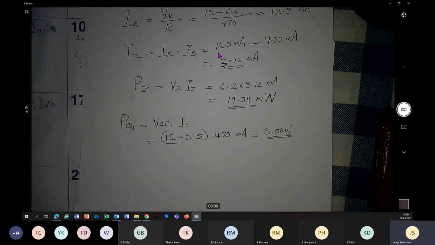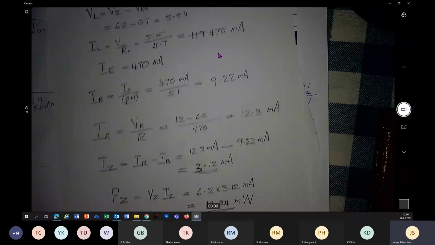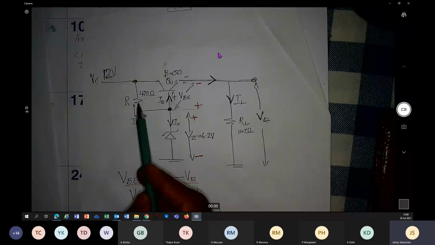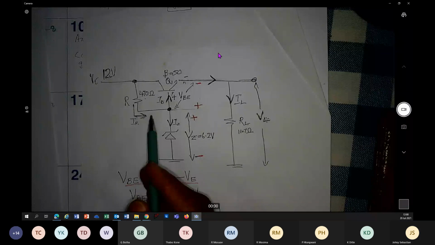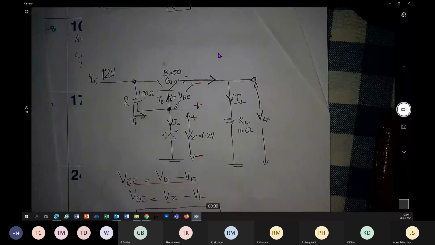Of course, you can find the power consumed in every component as well. For example, if you wanted to find power consumed by the 470 ohm resistor, it is I squared R. You have IR, 12.3 milliampere. Square it, multiply with 470 ohm, and you can find the power consumed in that resistance.